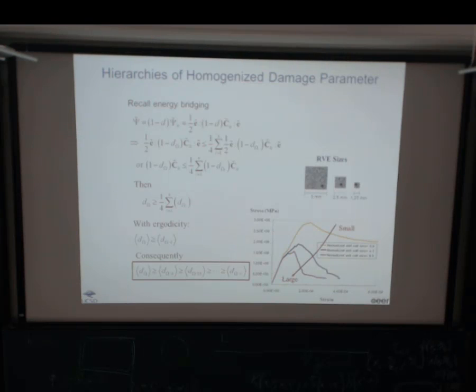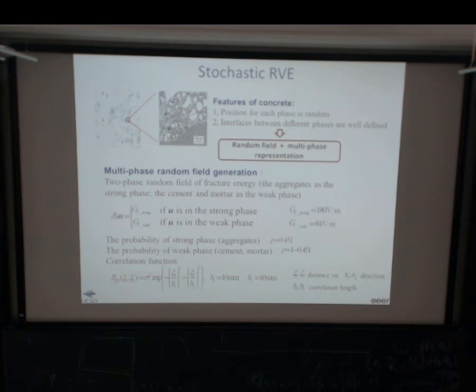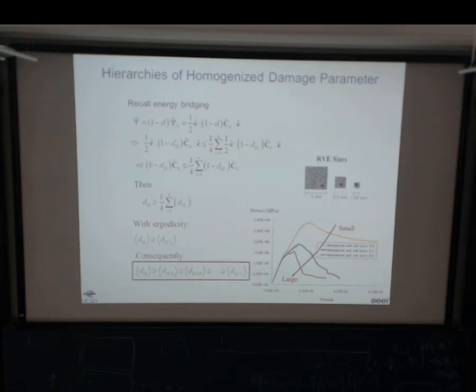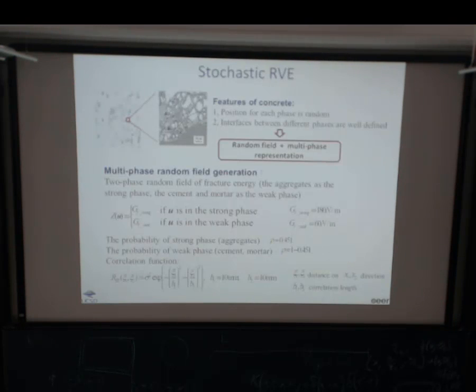Okay, so we can show this by Monte Carlo just to show if this is really the case. I have a Monte Carlo type modeling. I take a two-phase material. It's almost like a concrete material where you have a strong phase, which is the aggregates, and a weak phase, which is the cement.